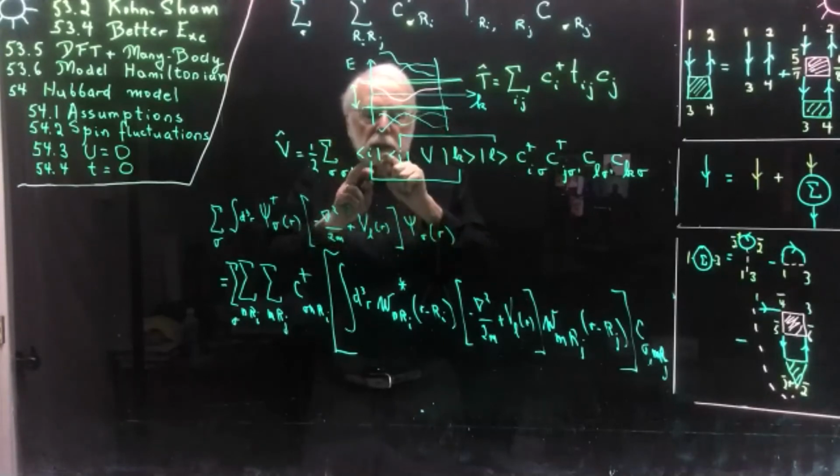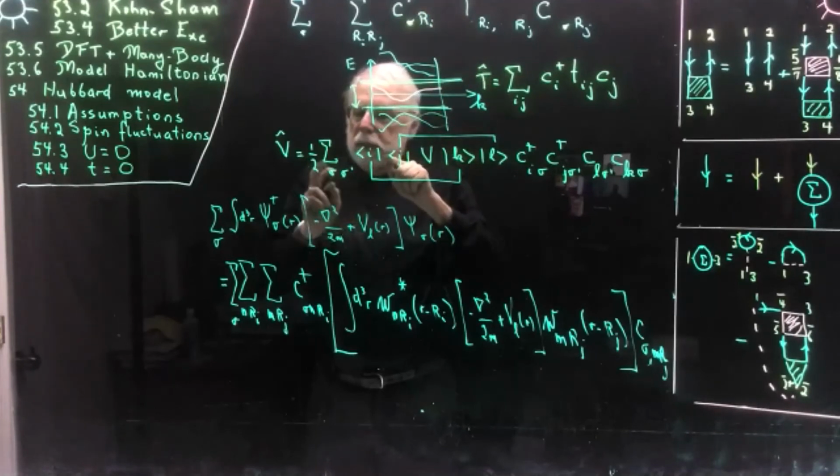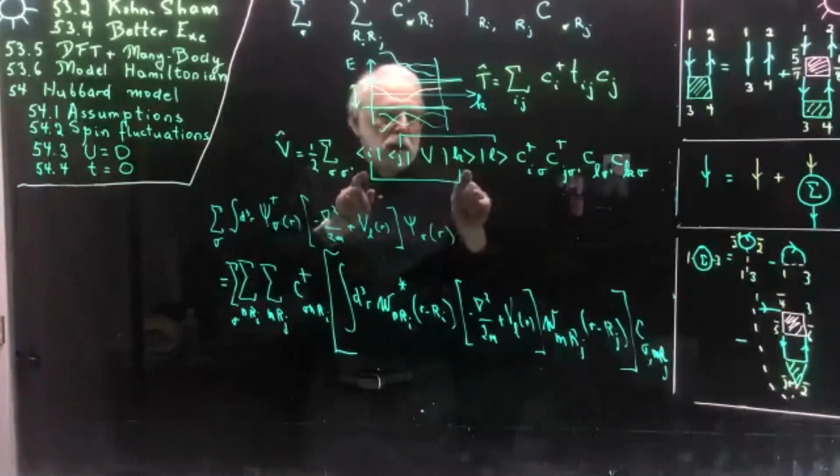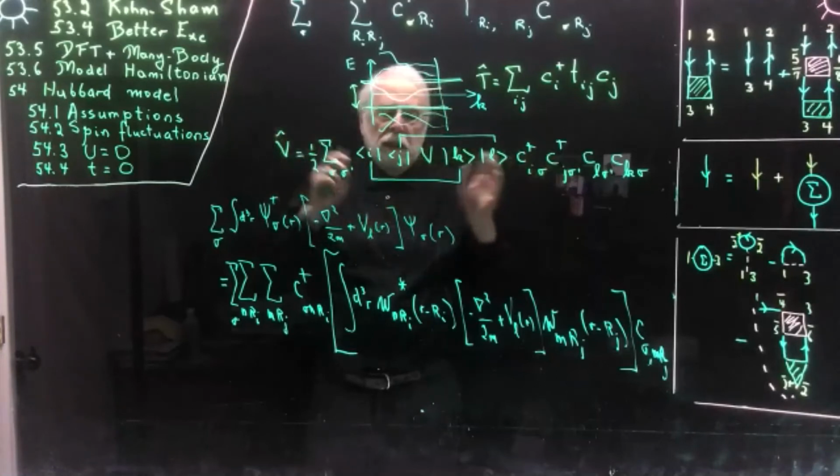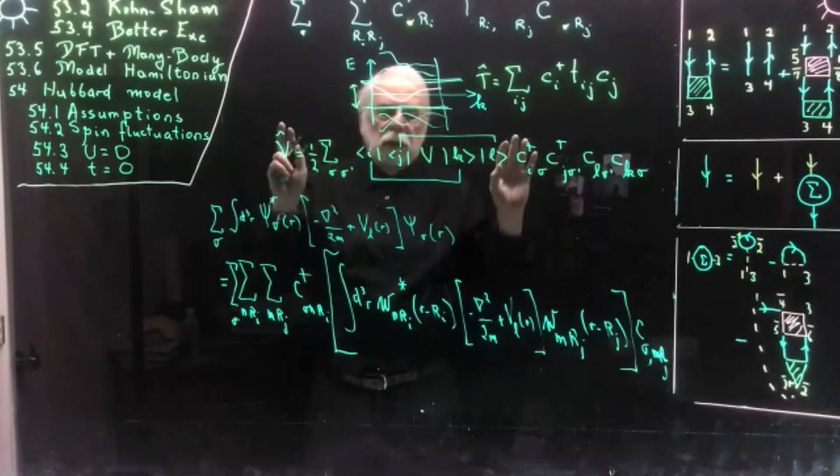So now you see, if you want, you can write this in this basis here. And so there will be an integral over r, an integral over r prime. So the integral over r will go with V of r minus r prime. The integral over r prime will go with V of r minus r prime. So this is just some overlap integral.